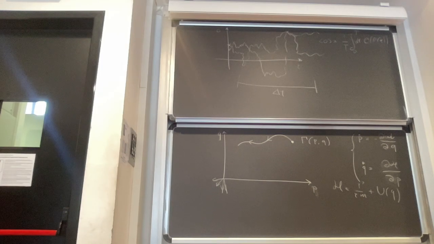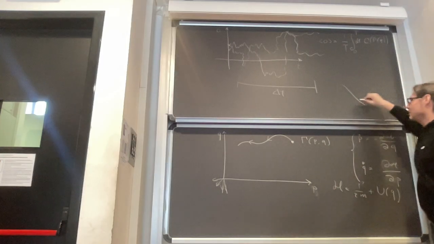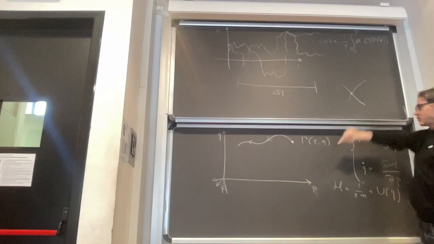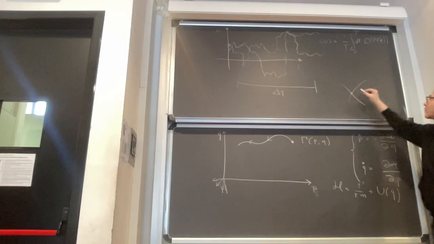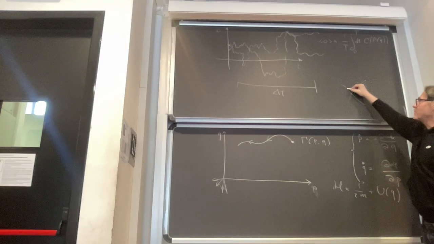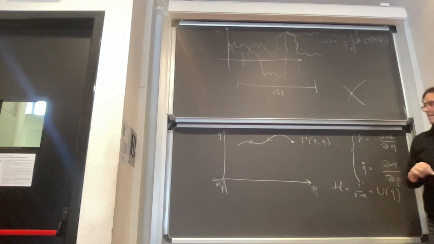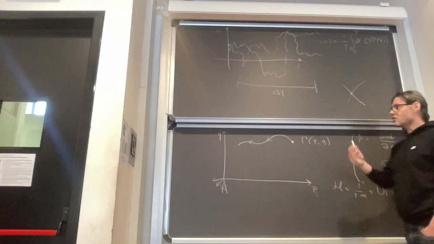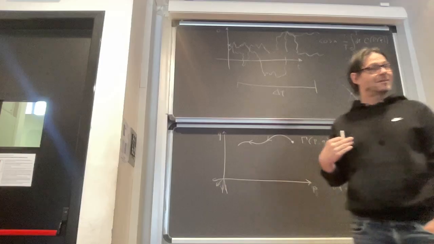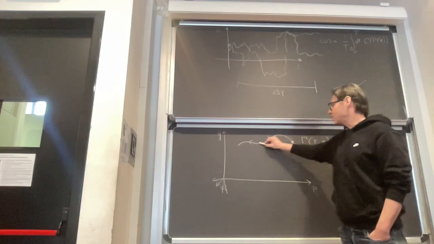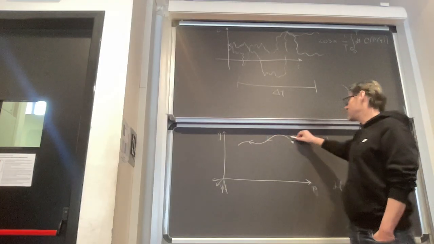Because if trajectories in phase space crossed, it would mean that from the same crossing point in phase space you would have different ways to go, which of course makes no sense, right? The only other way to go from a Hamiltonian is going backwards in time. So you can travel from here to here, or you can travel from here to here.